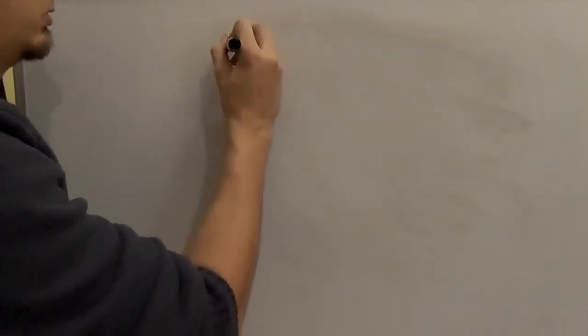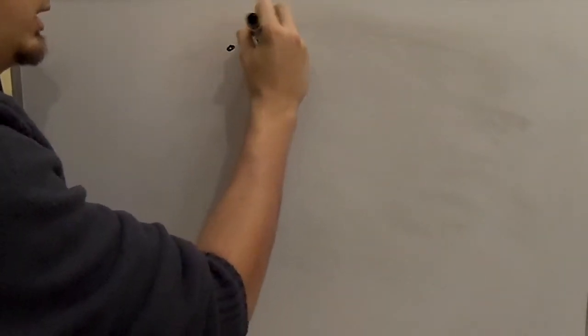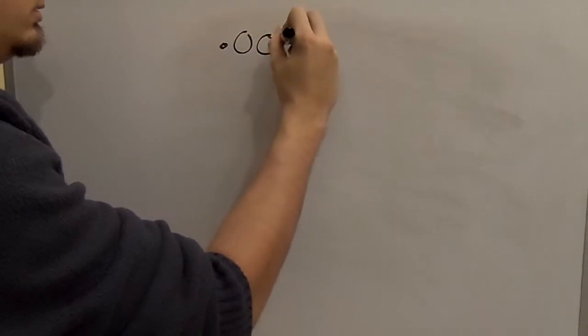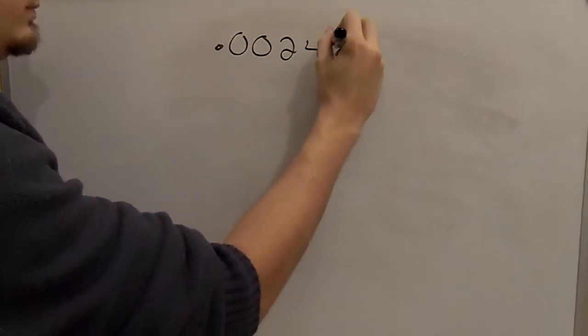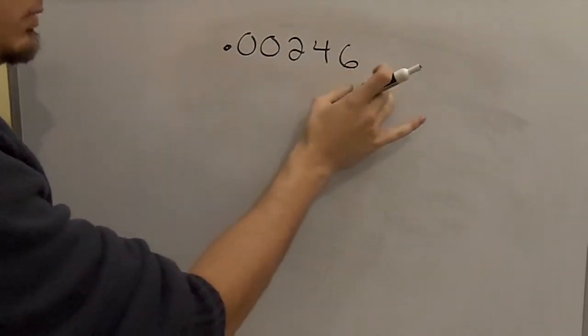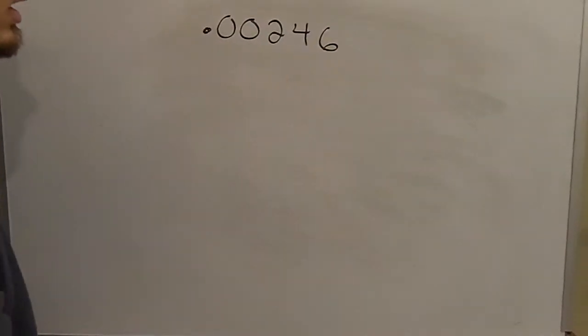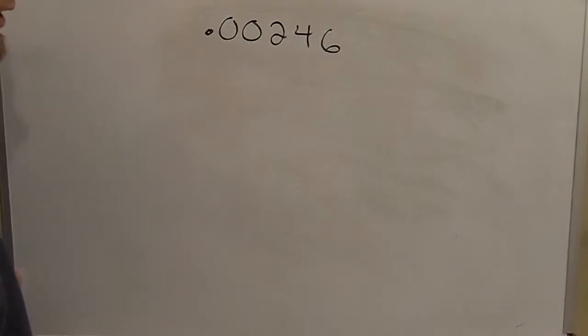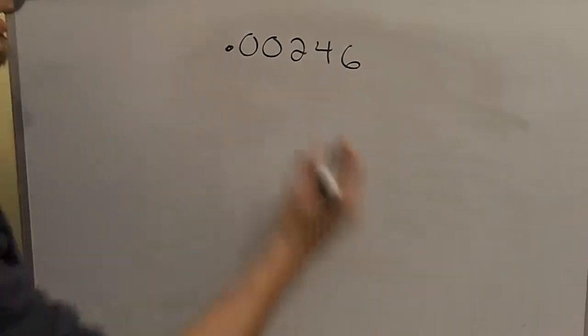So at this point, I would like to take a moment and talk about how to do scientific notation when you have a number less than 1. So for example, when you have a decimal, such as this, and you want to write this in scientific notation, this can be done as well.